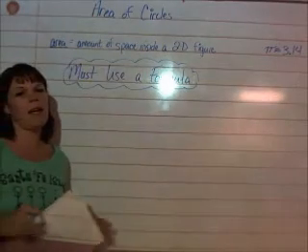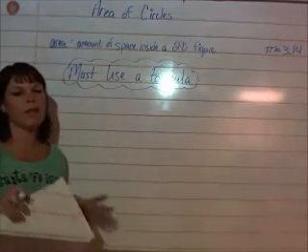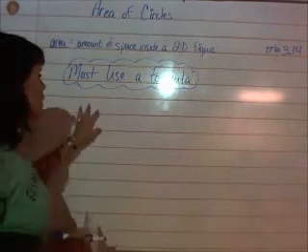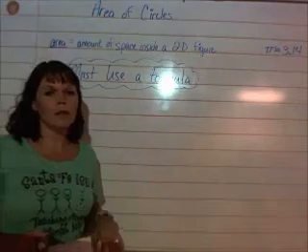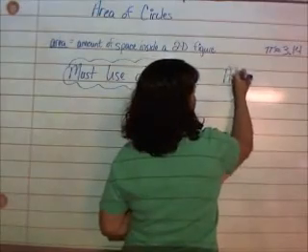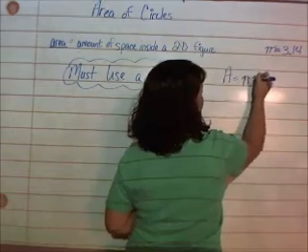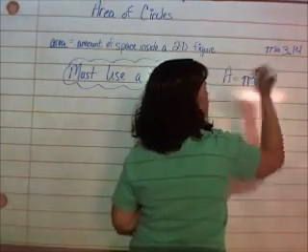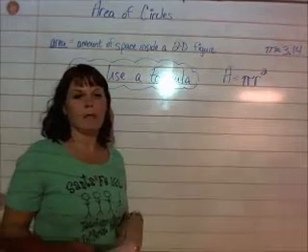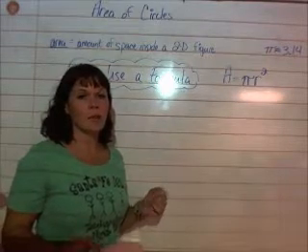Can't do anything without it. Can't find the area of a circle without the formula. So please remember that. And the formula for area of a circle, pretty simple. A equals pi r squared. Pi r squared. That's your formula. You ready to use it?